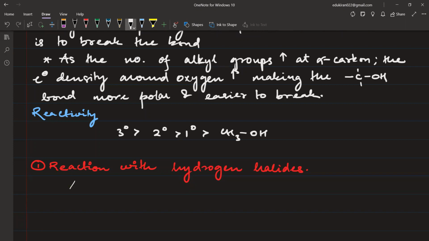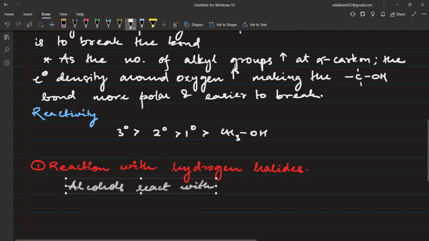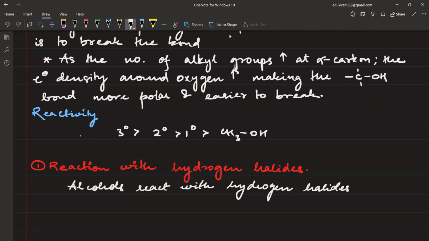Please write: alcohols react with hydrogen halides to form haloalkanes. Okay.